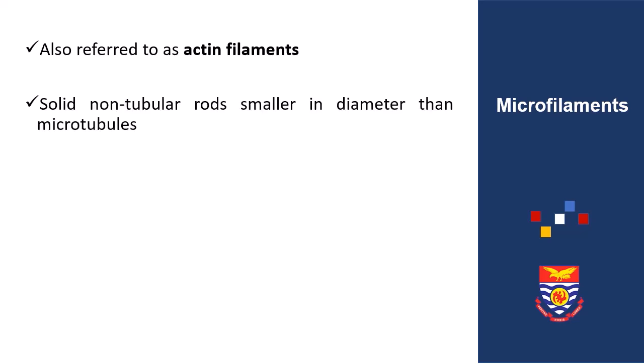The second protein fiber that makes up the cytoskeleton is the microfilament. The microfilament is also referred to as actin filament, because they are built from a type of globular protein called actin. These microfilaments are smaller in diameter than the microtubules, and they are solid non-tubular rods.